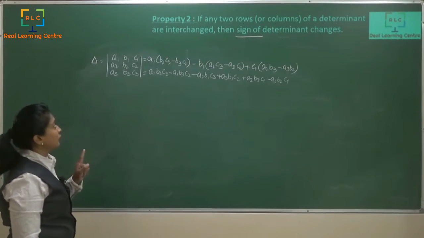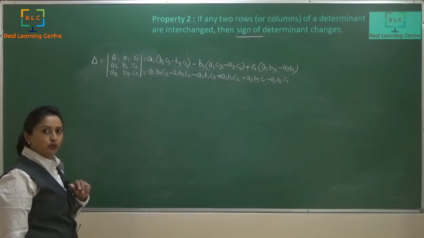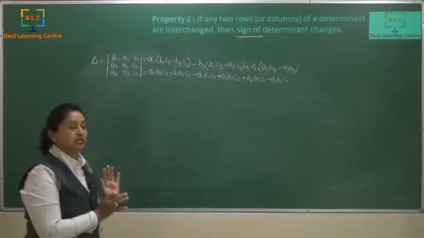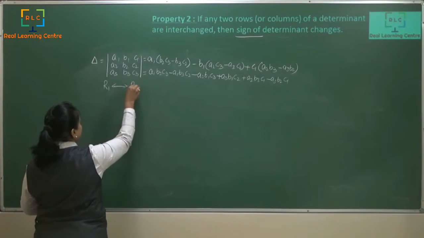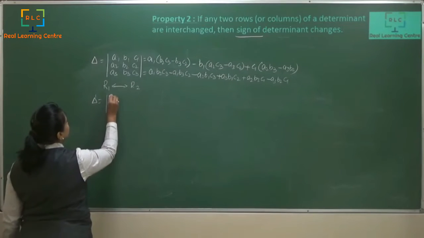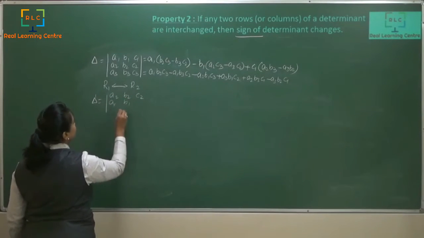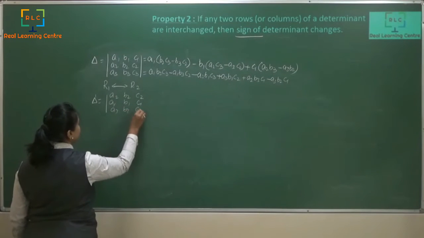And now, according to property number 2, I need to change any 2 rows or 2 columns. Whenever you want to do some proofs, go for the simplest one. Now what I'll do is interchange R1 and R2. So your delta dash, the new delta, becomes: here you will have A2, B2, C2 and row number 1 will come to the second place, A1, B1, C1, and A3, B3, C3 I'll keep as it is.